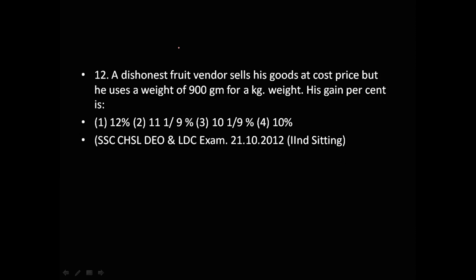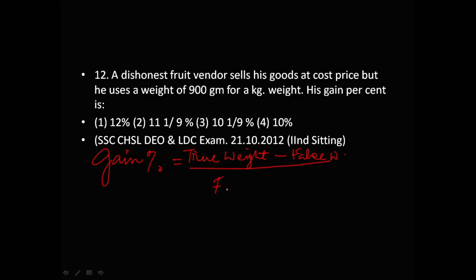Look, what do we know? Gain percentage in these cases, a dishonest shopkeeper or dishonest businessman, is true weight minus false weight, divided by false weight, into 100%.